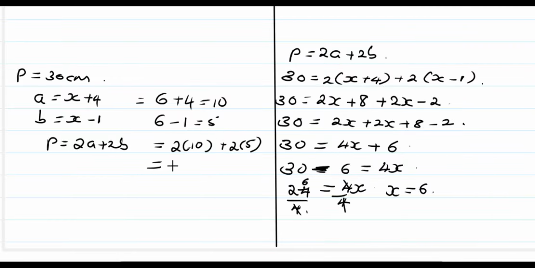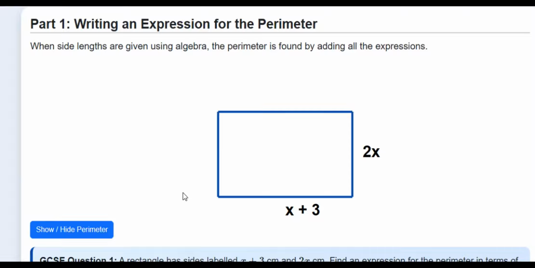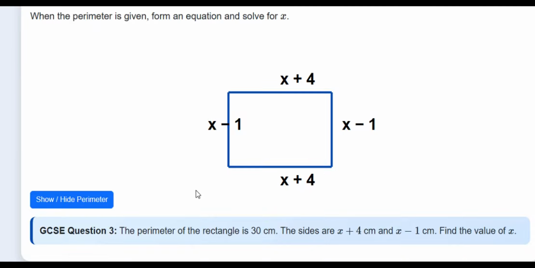So it will be 2 multiplied by 10, which is 20, plus 2 multiplied by 5, which is 10. So it will be 30 centimeters, which is our original perimeter we are given here. So we are right. So that's how we find the perimeter of a given shape with algebra.